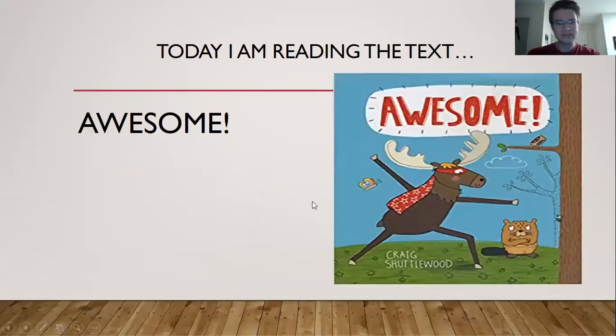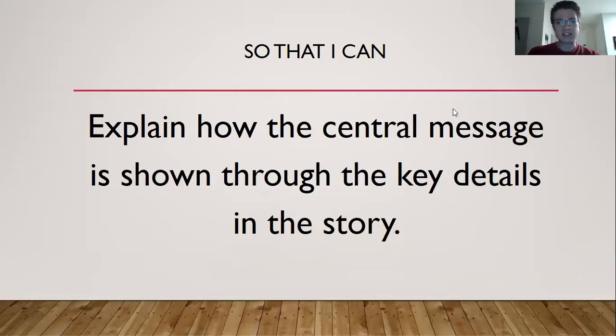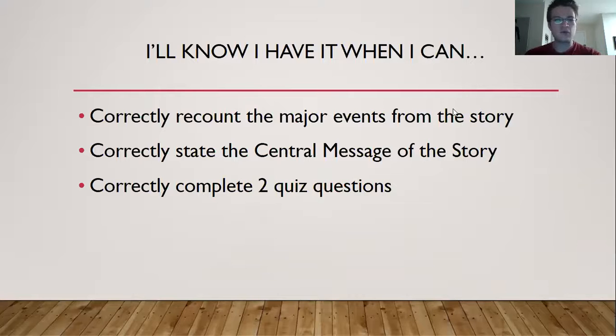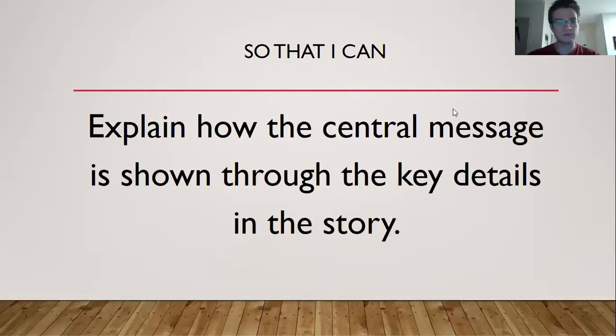Well, today we're going to be reading the text Awesome by Craig Shuttlewood so that we can explain how the central message is shown through the key details in the story. And I'll know I have it when I can do three things: correctly recount the major events from the story, correctly state the central message of the story, and correctly complete 2 quiz questions. So once again, let's break this down.